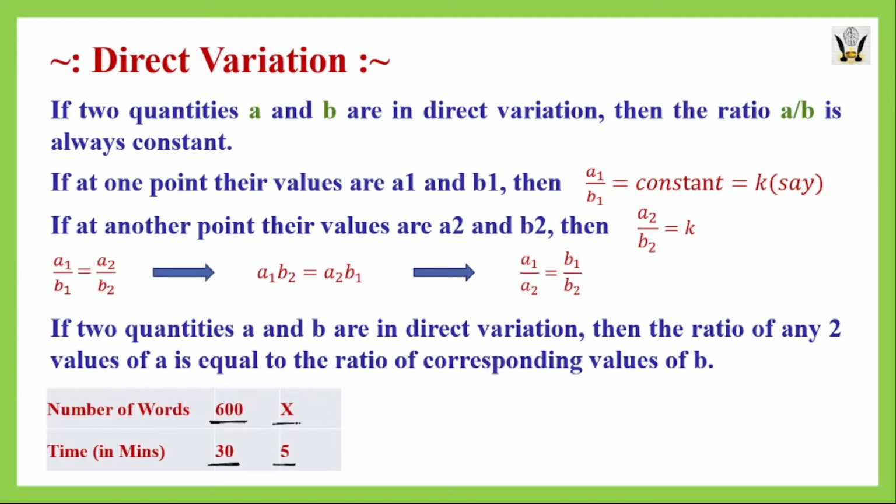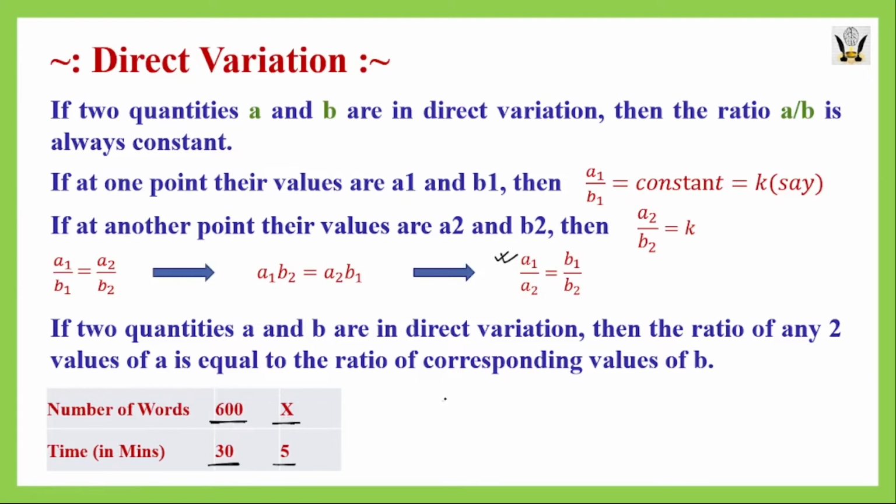So what we will do, we can use this relationship where first we will take the ratio of the same quantity. Here the same quantity means number of words, that is one quantity, and time, that is another quantity.